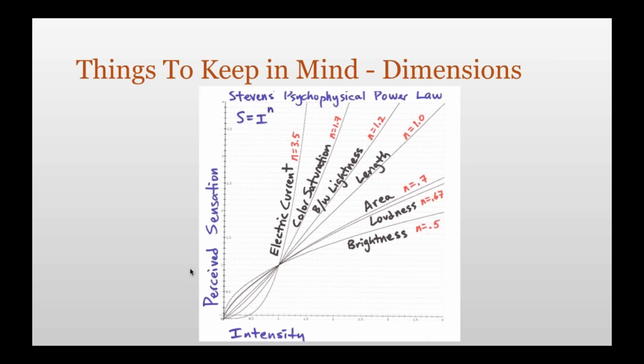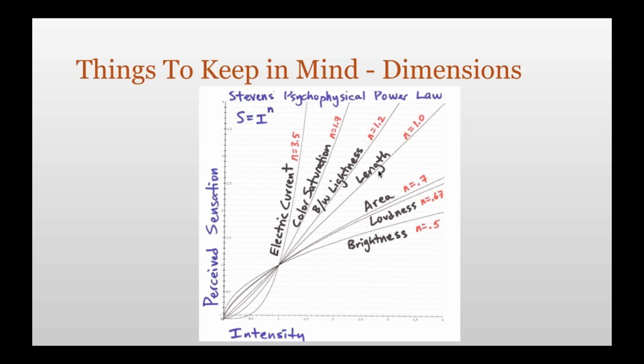With area, there's a predictable 0.7 scale. So something that is 0.7 times the size of something else will be perceived as 2 times the size of the other object.